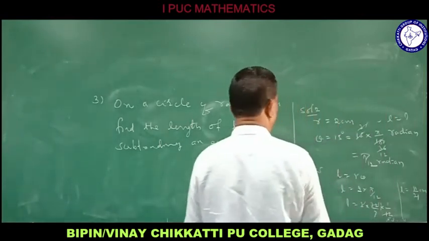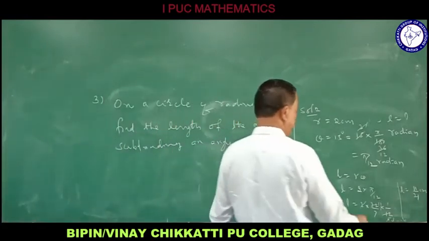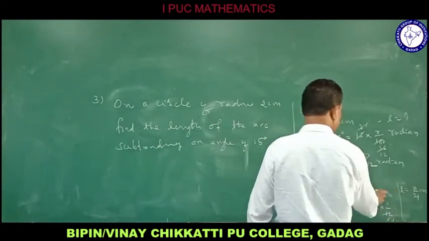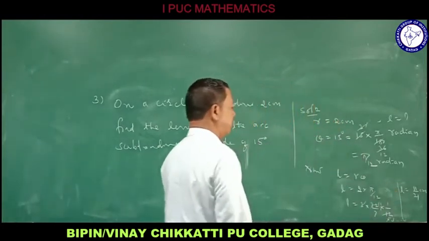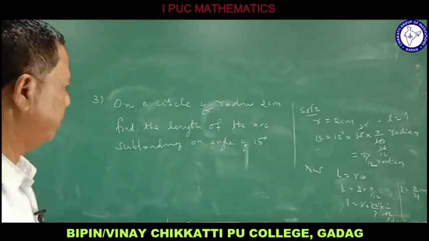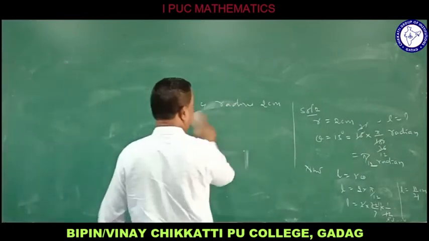Even if you write pi by 6 centimeter also you can write, understand. Anyhow you can write either in decimals or in a rational number. So this is problem number 3.